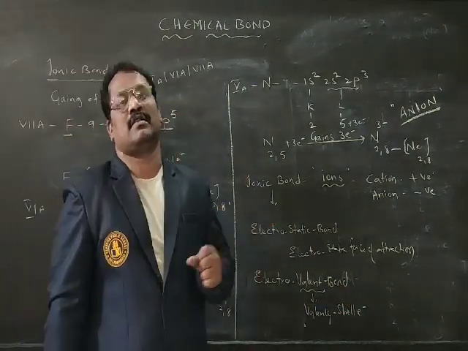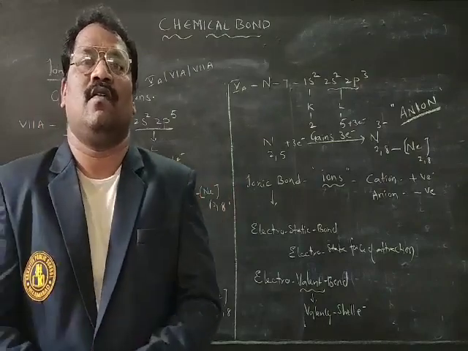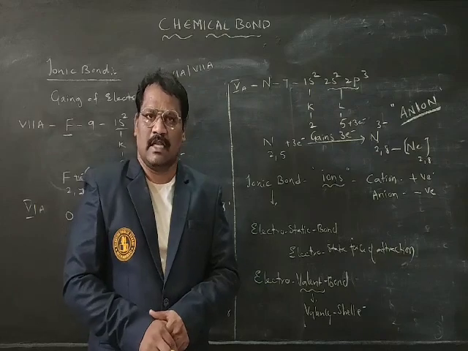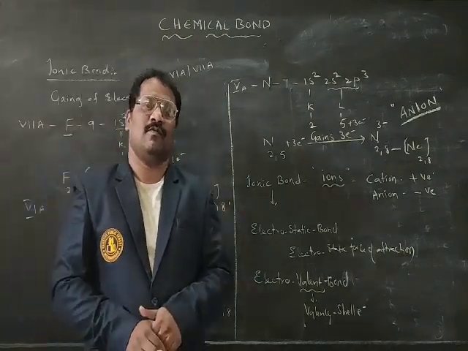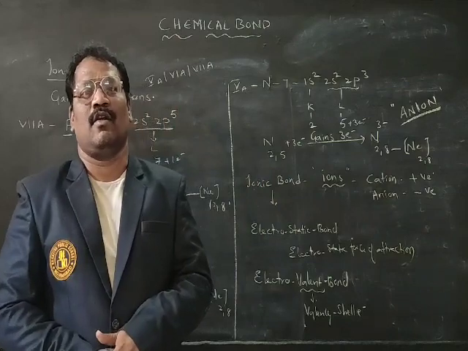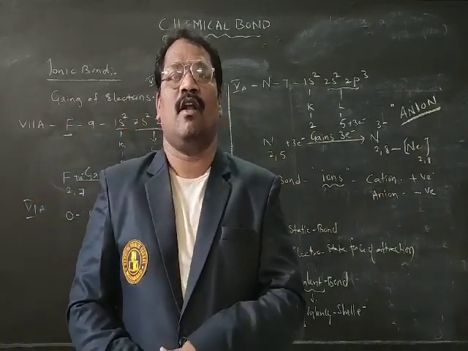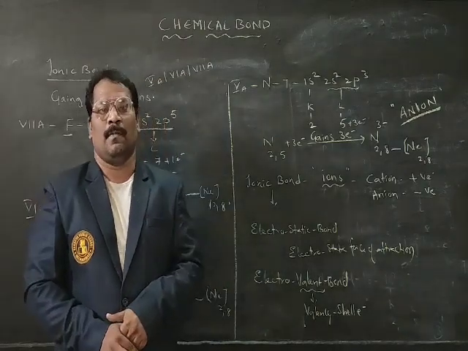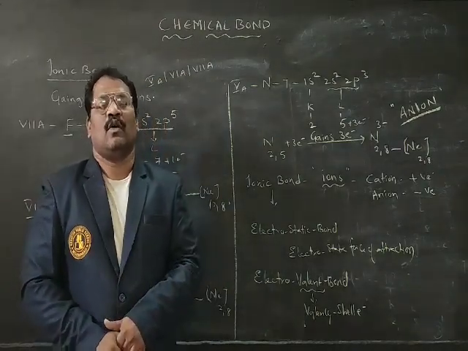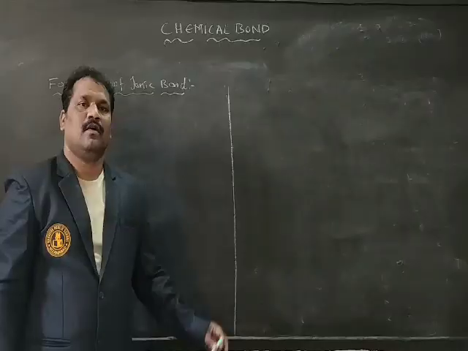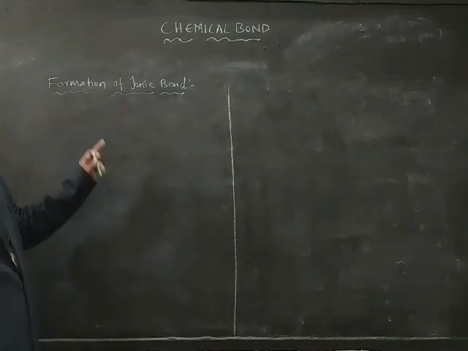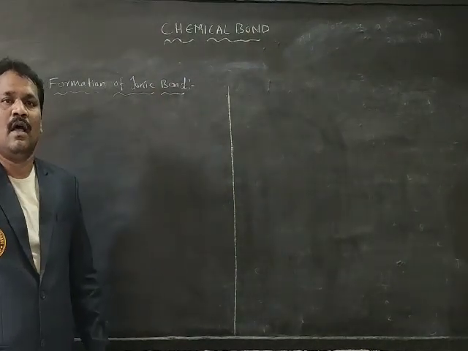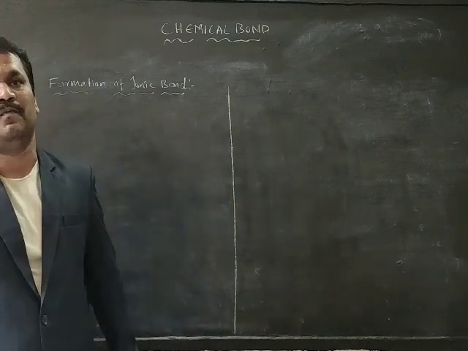So children, now we are going to discuss how the formation of an ionic bond takes place to form different types of molecules such as the sodium chloride molecule, sodium oxide molecule, magnesium oxide molecule, as well as the aluminum chloride molecule. Now we are going to discuss the formation of ionic compounds. How will an ionic bond get formed?